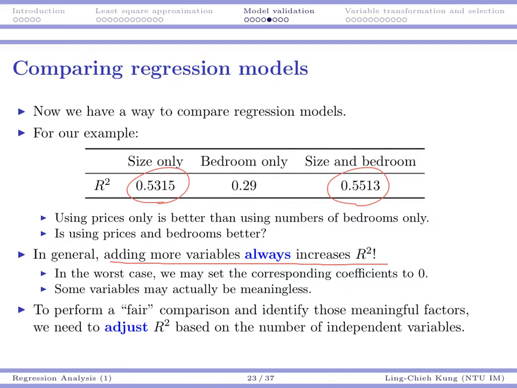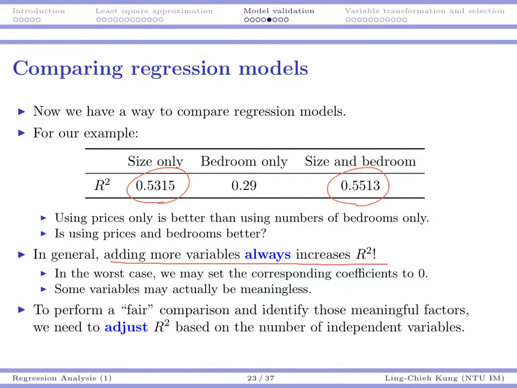So that comparison is actually not fair. And also, when you include a lot of variables, some may actually be meaningless. So we need to do a few things. First, we need to perform a fair comparison and identify those meaningful factors.